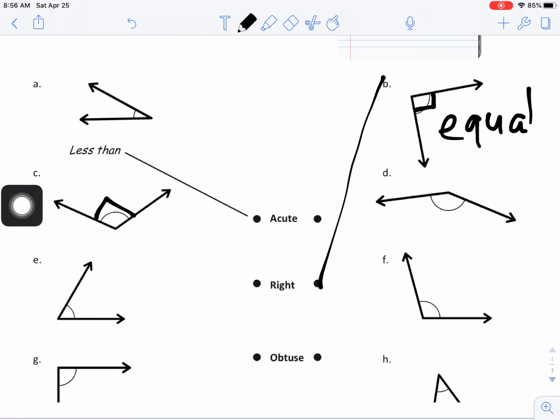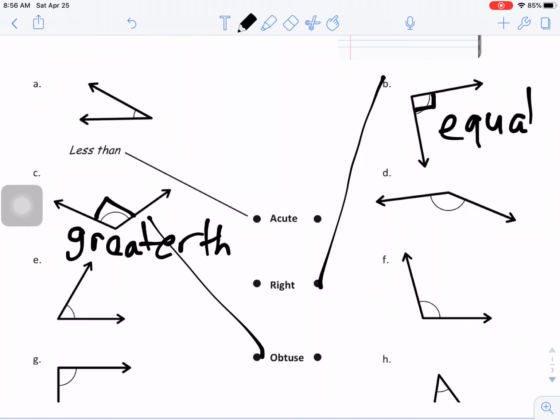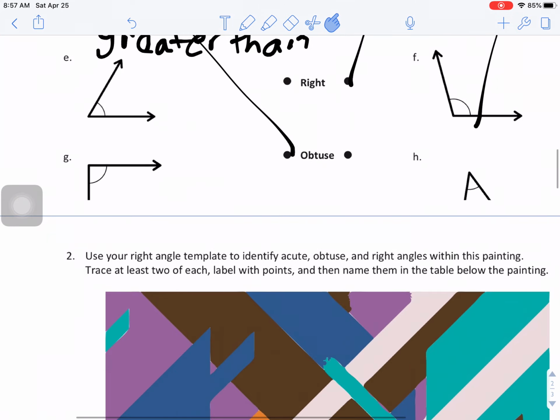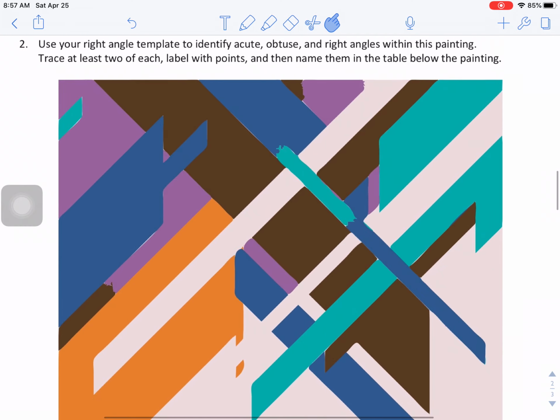It's too big, so it is obtuse, and it is greater. Then on acute angles, you will see if you write the box, it will not make a perfect box. It'll be too small.